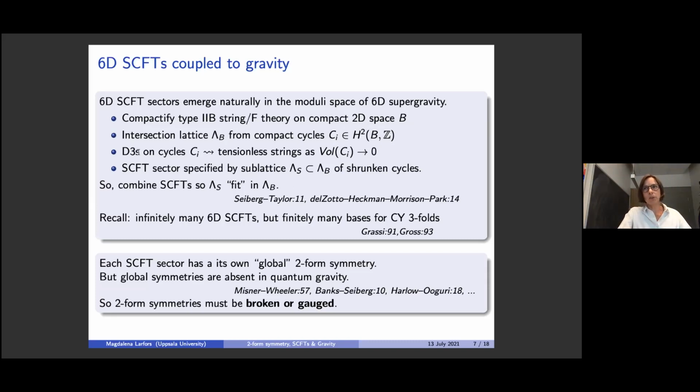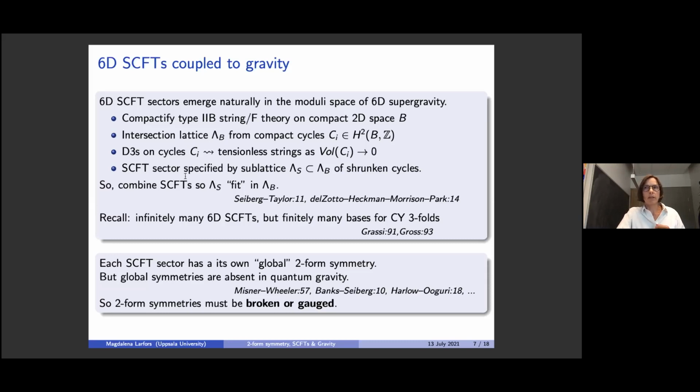I can still put the D3 branes on these cycles, and this will give, in the general case, massive strings in 6D. But if I go to special points in the moduli space, where the volume of the cycle shrinks, then I will get tensionless strings.